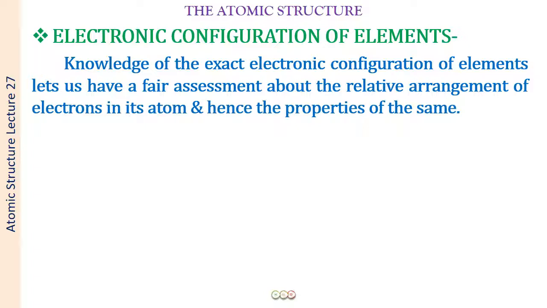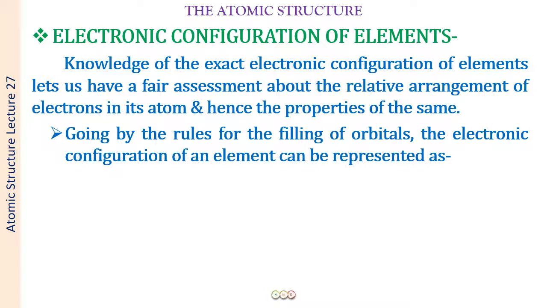The properties of the element are based on the electronic configuration, which you will be able to appreciate when you study the next course, the periodic table and periodic properties of elements. So that is why we want to learn to write them.